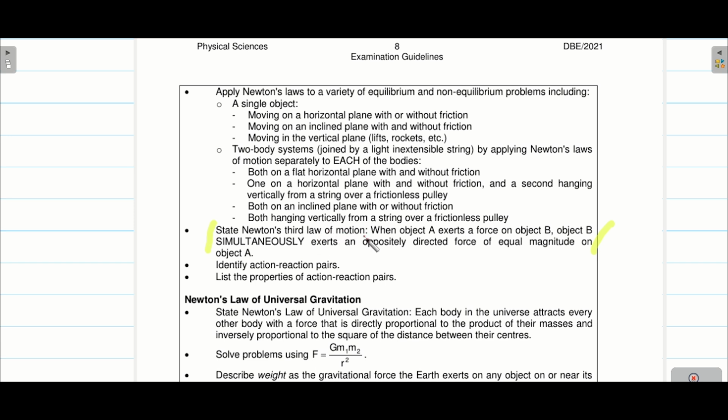Newton's third law states that when object A exerts a force on object B, object B simultaneously exerts an oppositely directed force of equal magnitude on object A. So as you have seen, they could ask you to state any of these laws, and you need to understand them. So take your time to understand these laws and also memorize them so that when you are asked to produce them, you have them in memory.